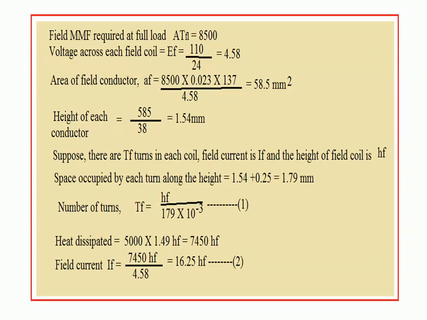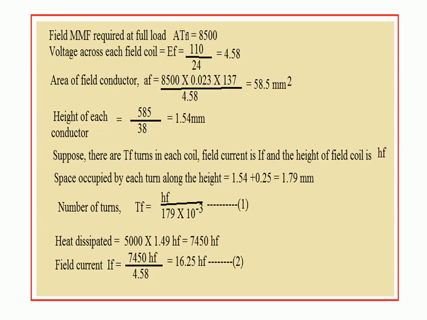After knowing the field MMF required at full load, ATFL equals 8500. Voltage across each field coil is also given, 110 divided by 24, voltage divided by number of poles, we are going to get around 4.58.